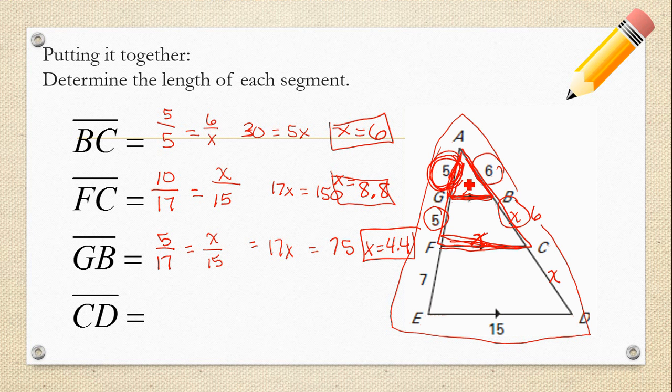So we could maybe say that this 5 up here matches with the 7 way down below, just like the 6 way up here matches with the x way below. Okay, and then if we cross multiply, we get 42 equals 5x. 42 divided by 5 ends up being 8.4.